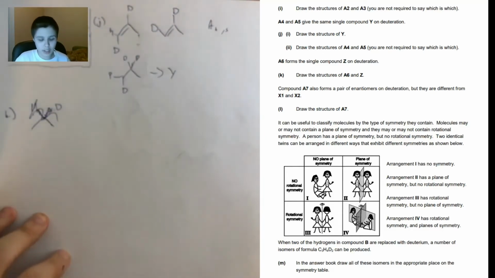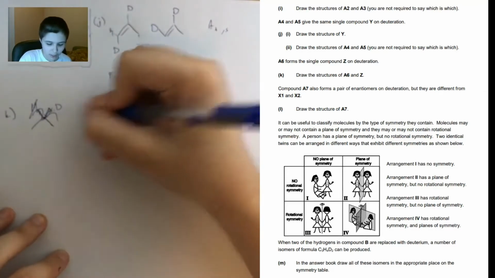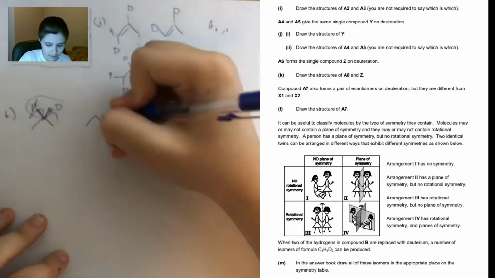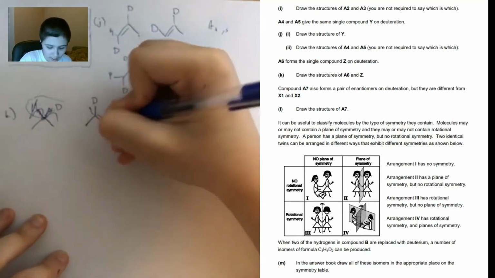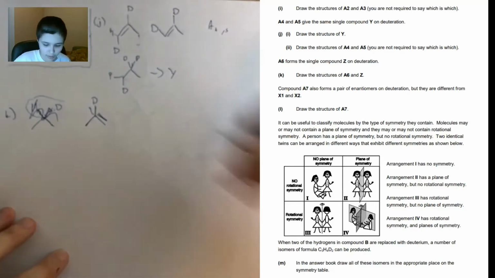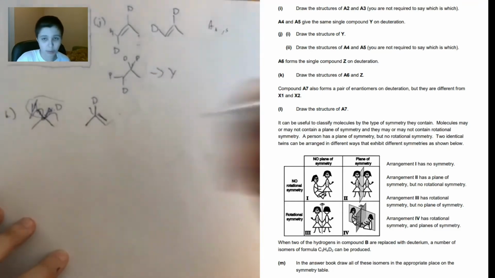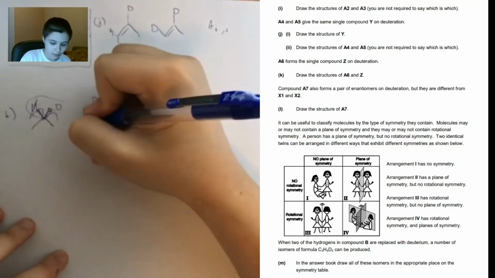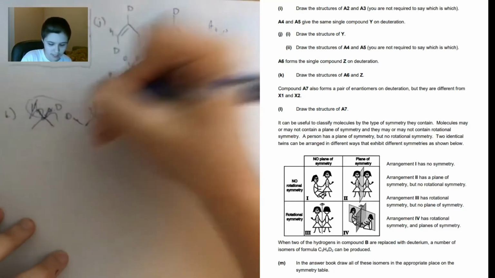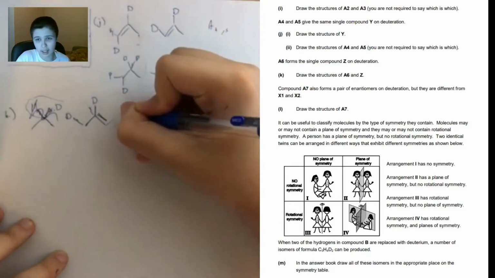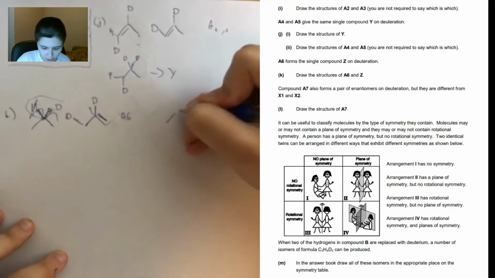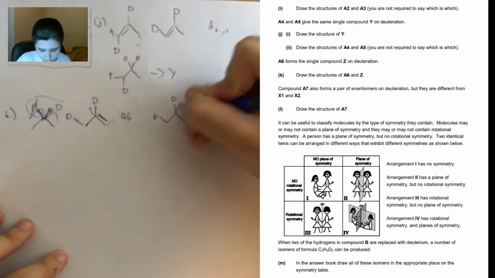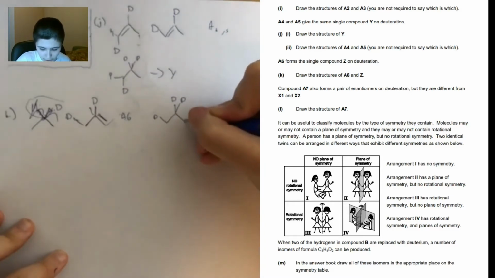So if we don't want any optical isomerism, we want there to be two deuteriums on here, so that's D. So that's a deuterium at the beginning, and we've looked at the case where we've had a deuterium at this end of the double bond, so that's already taken. So if we don't have a double bond where the deuterium is, this gives us the structure A6, and then product Z is going to be deuterium, deuterium, deuterium, and deuterium here.